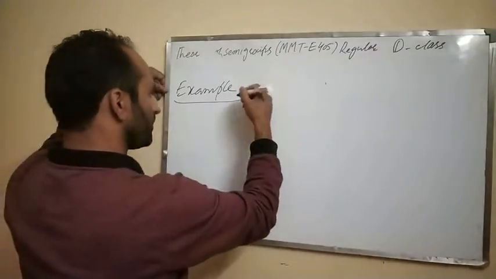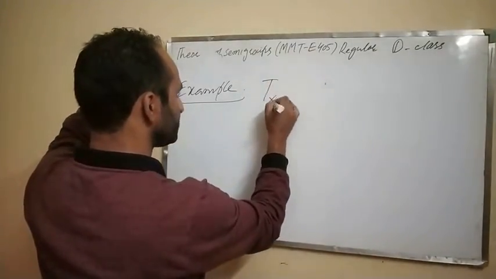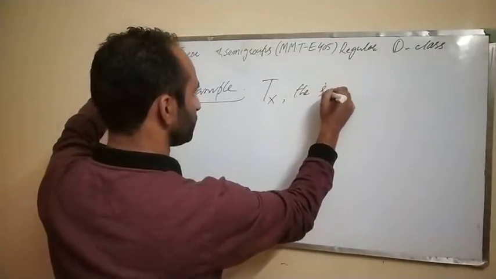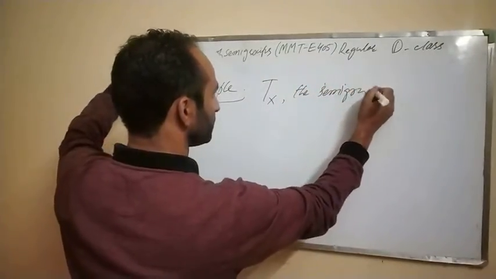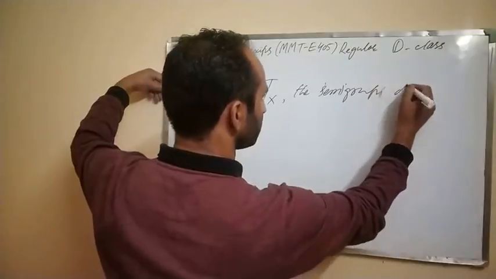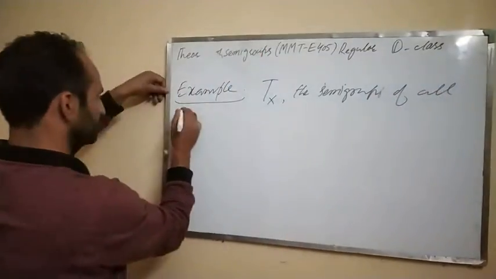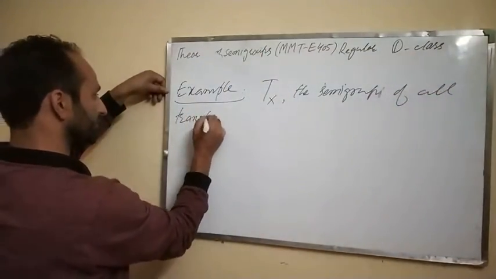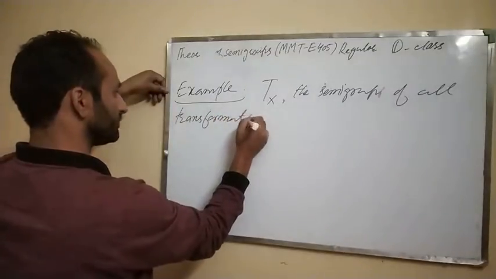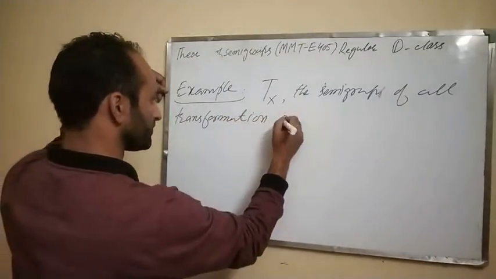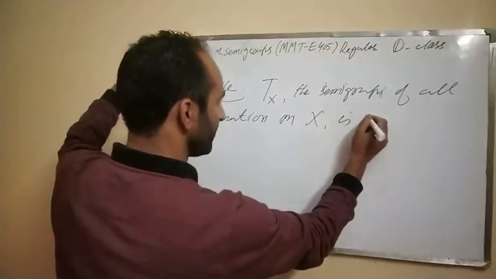The semigroup of full Tx, the semigroup of all transformations or mappings. It's called the full transformation semigroup. All transformations on X is a regular semigroup.